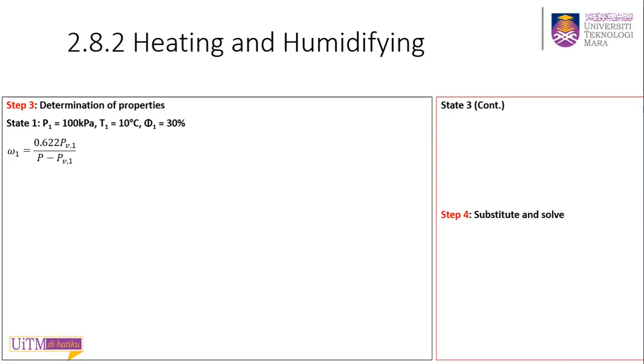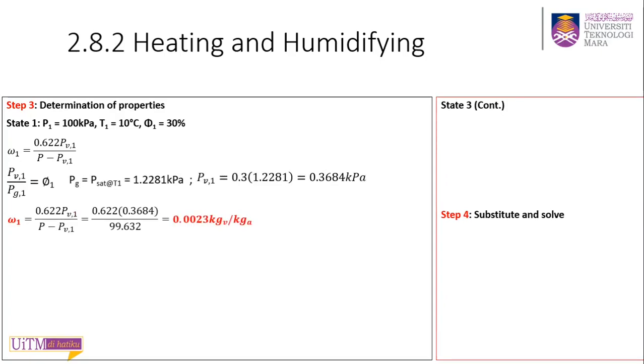Using the required equation, we can solve for specific humidity, which we can see here gives the value 0.0023 kilograms vapor per kilograms dry air. We can then solve for enthalpy using the required equation, which we can see here gives the value 15.84 kilojoules per kg.